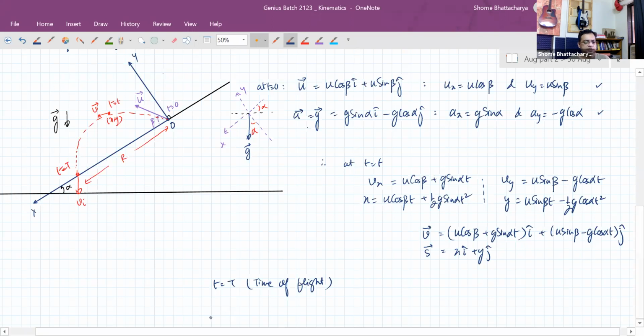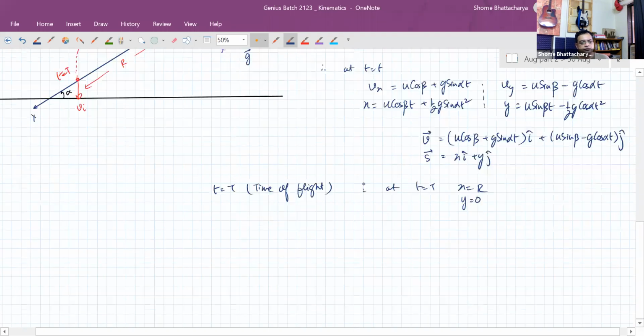Another approach is very simple: the y coordinate is 0 at this point. So at t equal to capital T, the x coordinate is the range and the y coordinate is 0. So just start with this, that y is equal to 0.